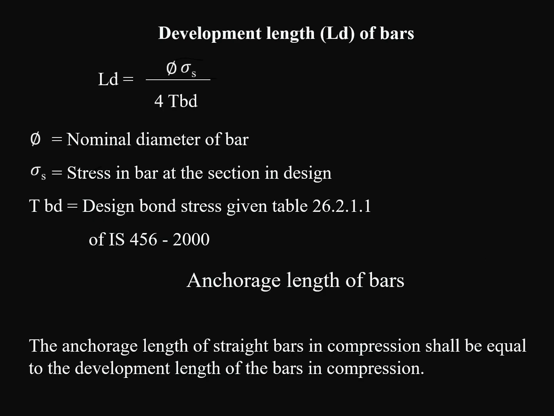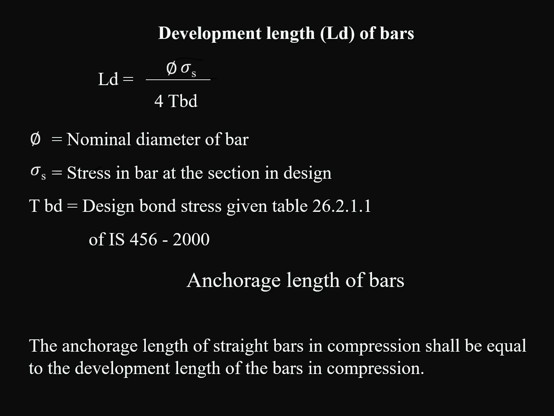Development length, that is Ld of bars. It will be calculated using the following formula: Ld equal to phi into sigma s divided by 4 tau bd.